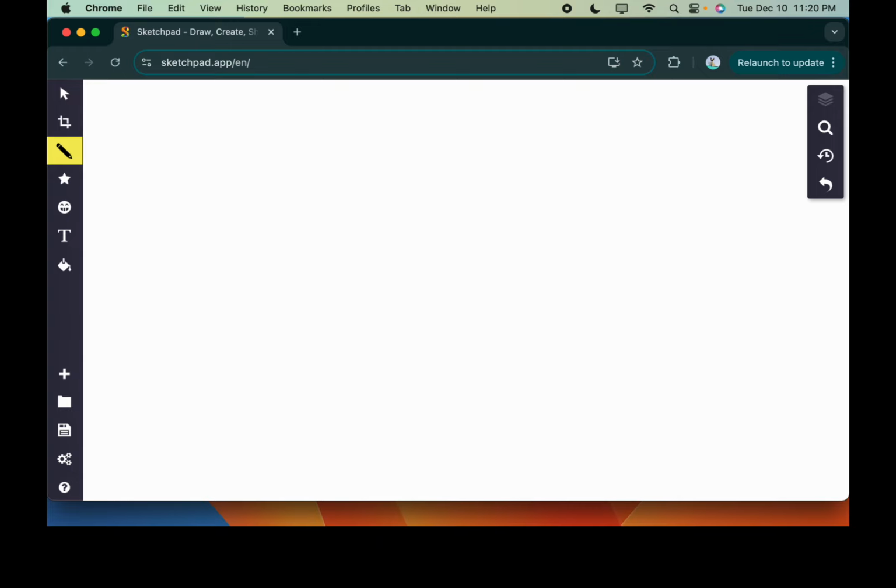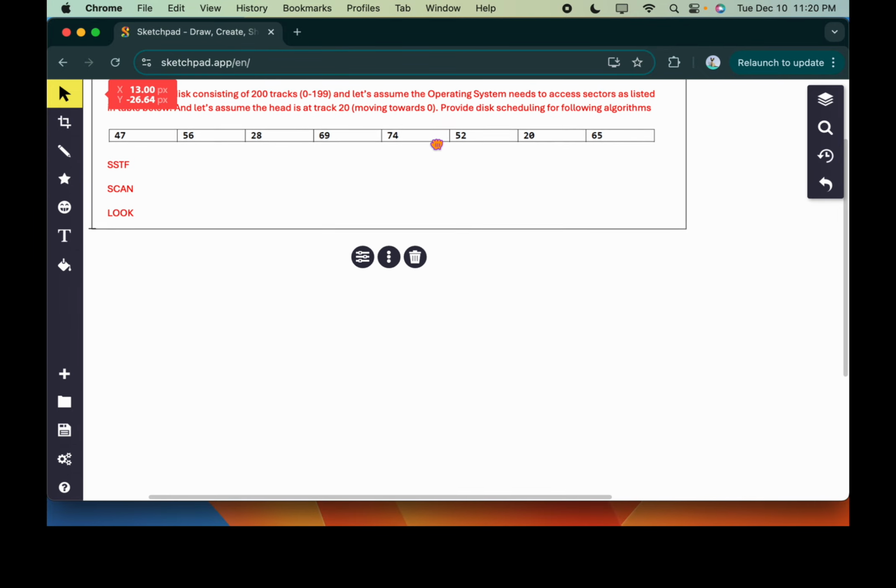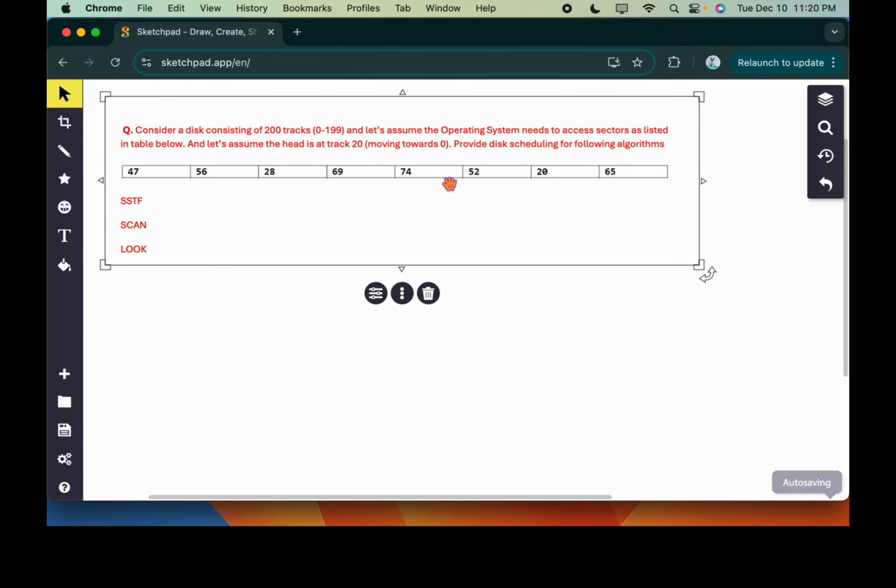So let's see. First things first, we've got ourselves another disk scheduling question. This is actually like a past exam. This is problem set 14B.